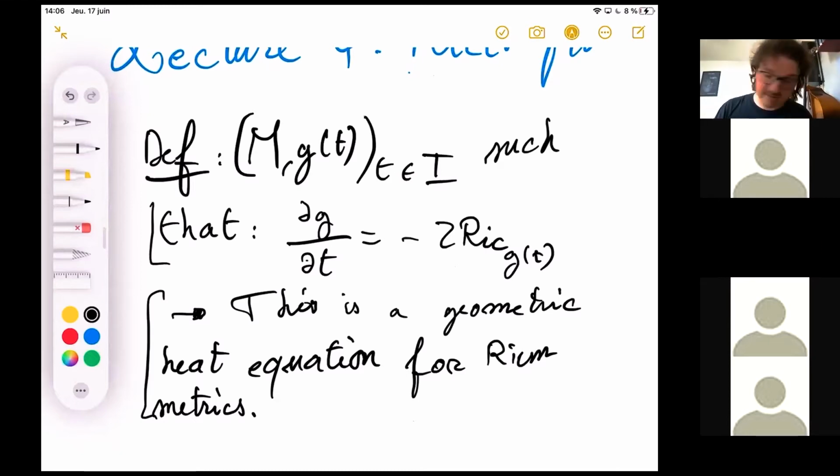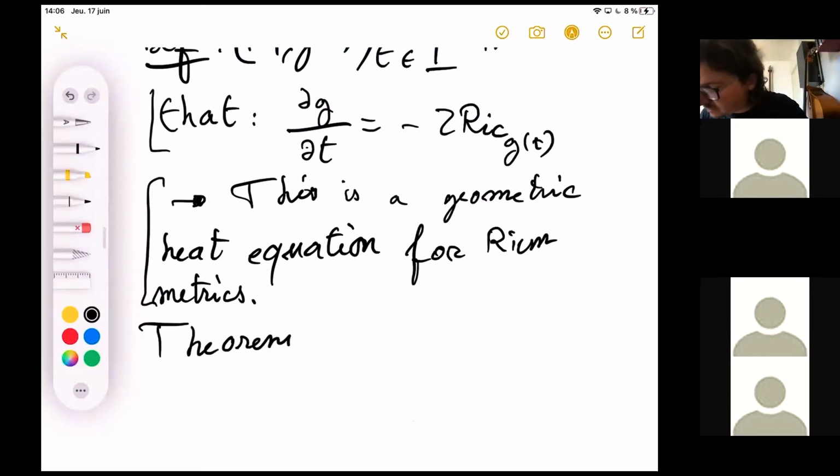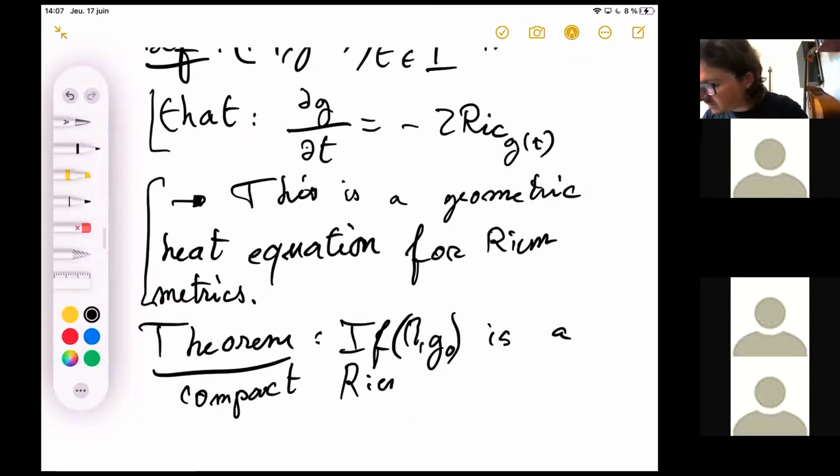So what do we do with that? Maybe let's first state a theorem, which we won't have time to say much about the proof. Let (M, g0) be a compact Riemannian manifold.